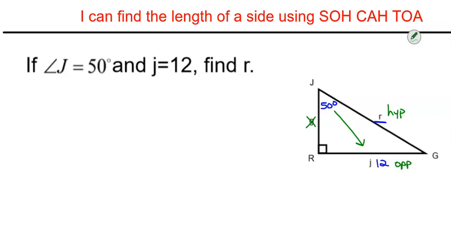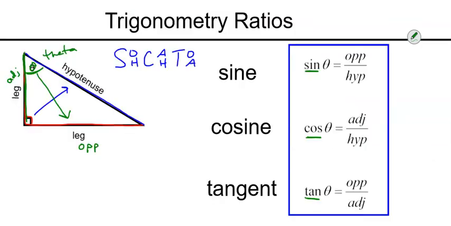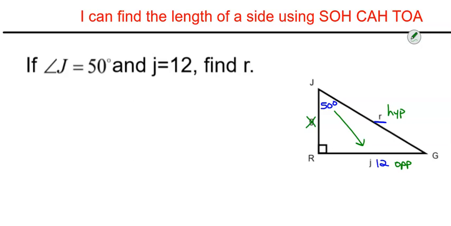Now the question is, which trig ratio has opposite and hypotenuse? Opposite and hypotenuse, that's your sine ratio. So we're going to set it up. Sine of 50 degrees is equal to 12 over R.